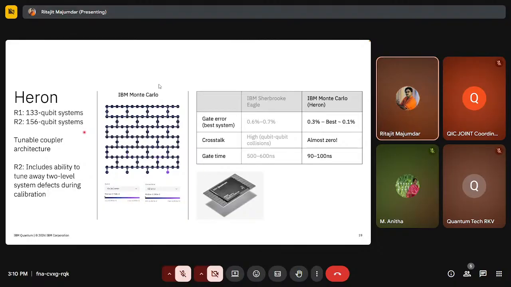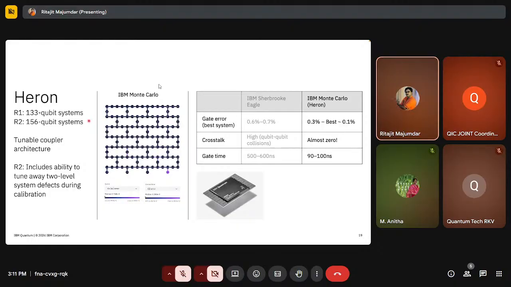I started by saying that this is the time that you should be knowing which problems you want to tackle in the quantum computer, because you are going to have it next to you, and if you don't know how to use it, then it's kind of a waste of effort.